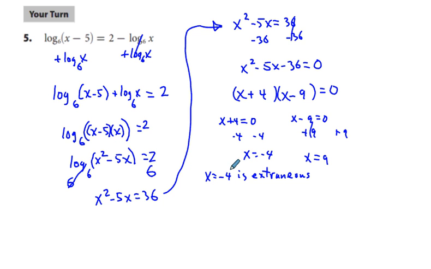Now if we plug in 9, we have log base 6 of 9 minus 4 equals 2 minus log base 6 of 9. Well, what is that going to be?